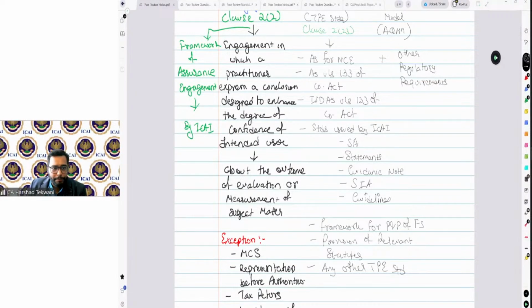There is a sequence I told you: first explain the provision, then the current scenario, then the conclusion. That will be the more appropriate way, and it will be easy for the checker and the reader to read the answer. So always think about a flow. When you are writing an answer, there should be a flow so that I can connect the dots, connect the sentences and paragraphs of your answer, and understand what you want to say.